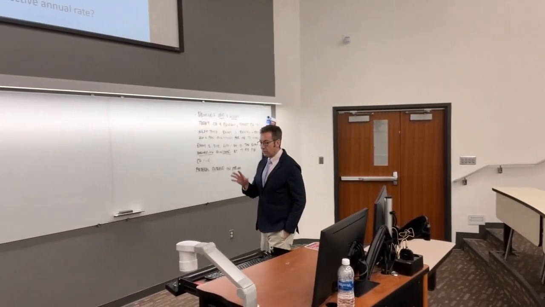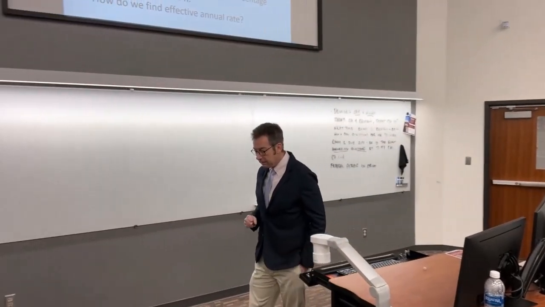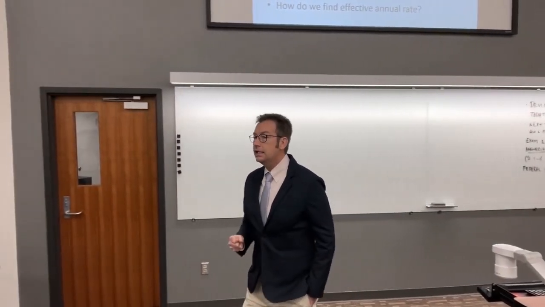And here is the way I want you to think of the effective annual rate. It is the interest rate that, if compounded once per year, gives you the same amount of money at the end of the year as our 12% compounded monthly or 7% compounded quarterly. And so basically, it's taking all that compounding within the year and putting it into an annual number.